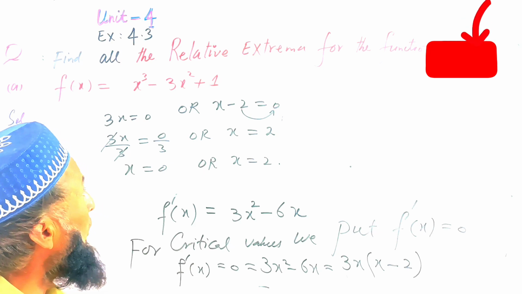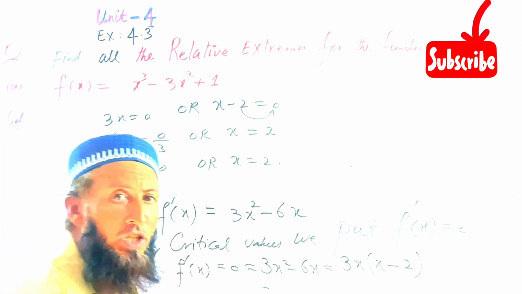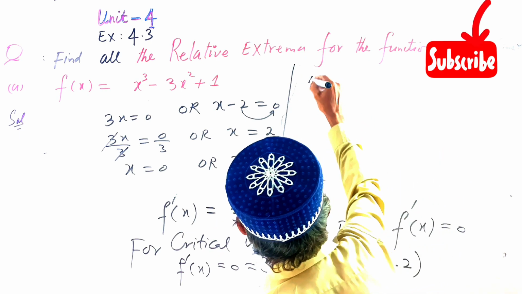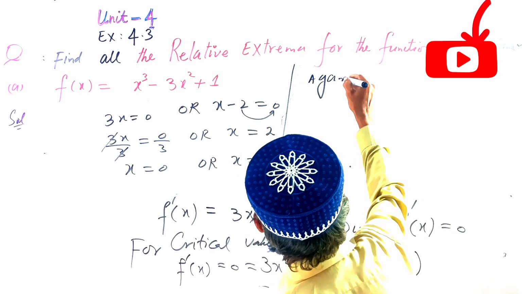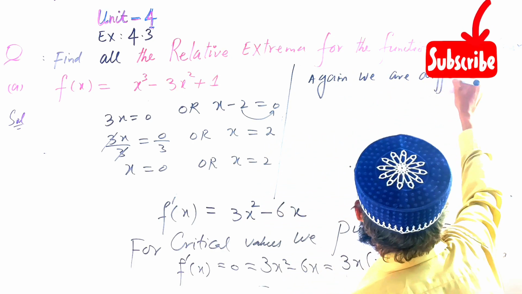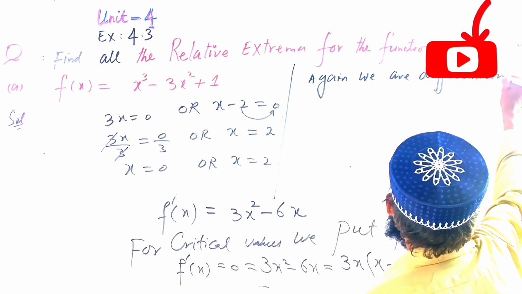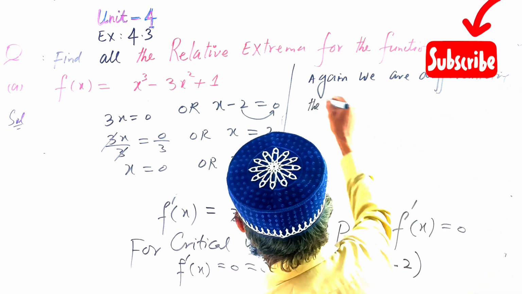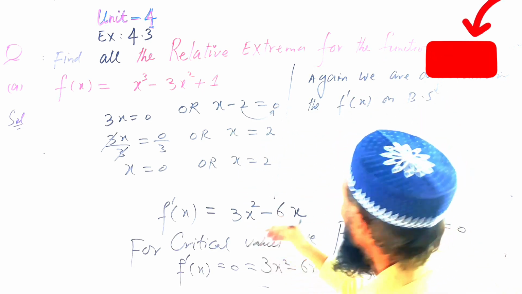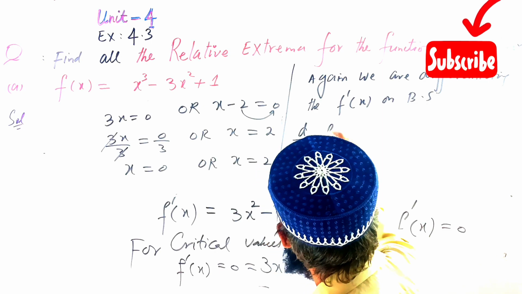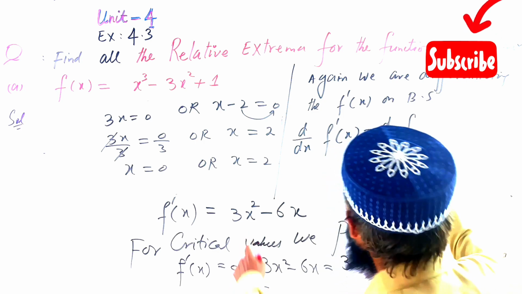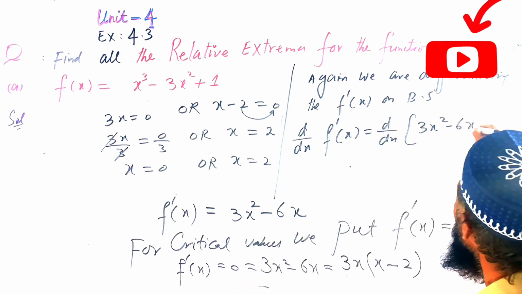Now for the relative maximum and relative minimum, we apply the second derivative of the function. So we are differentiating again the first derivative f dash x on both sides of the equation. dy by dx f dash x is equal to dy by dx 3x square minus 6x.